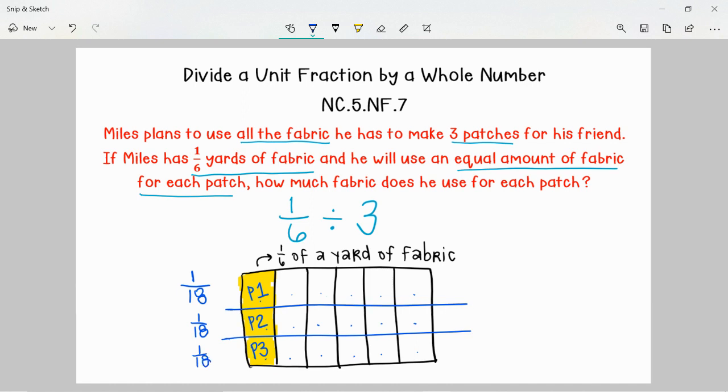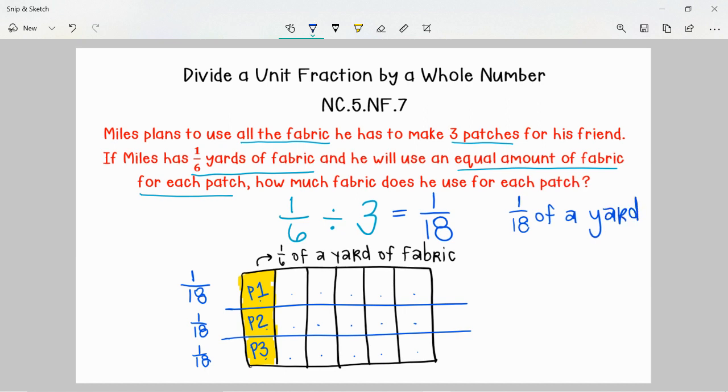And so what that shows us is that 1/6 divided by 3 is equal to 1/18. Or we could say, how much fabric does he use for each patch? He uses 1/18 of a yard.